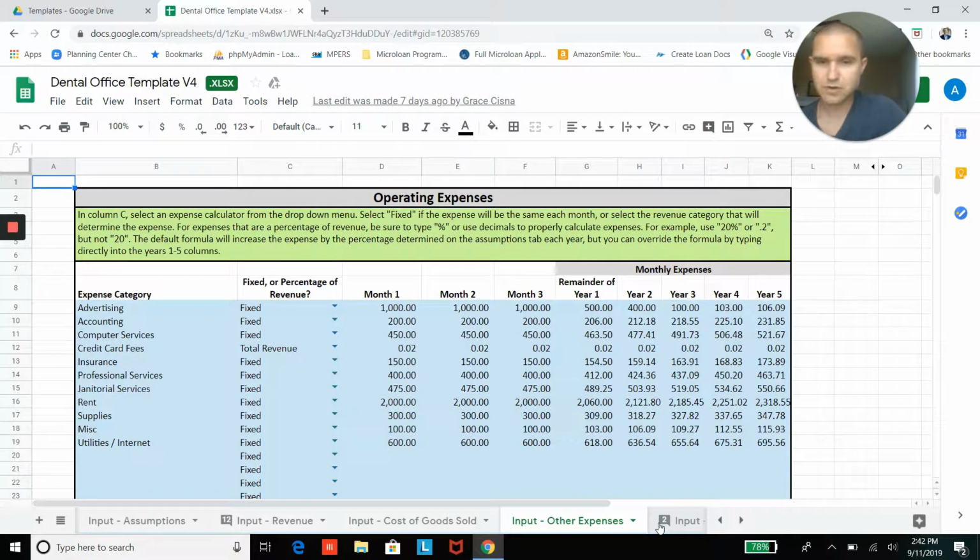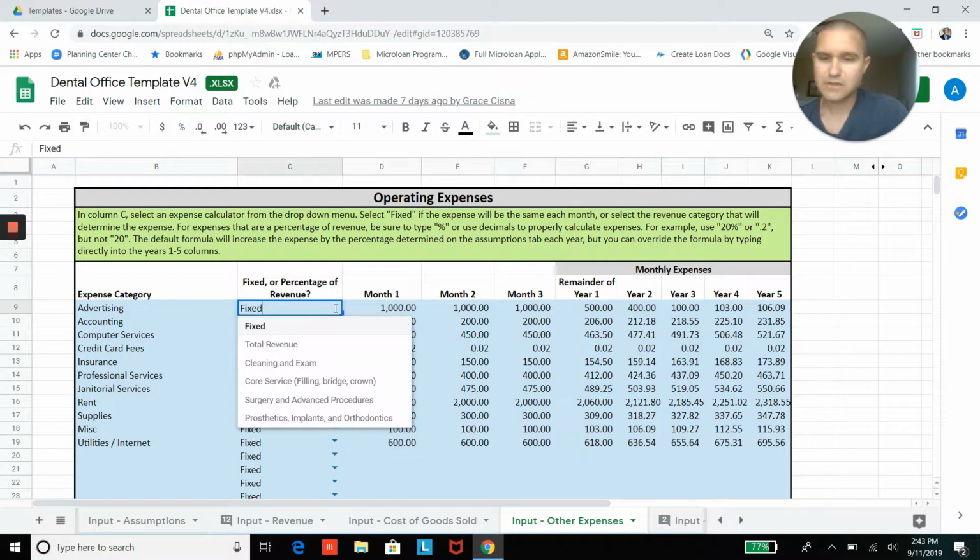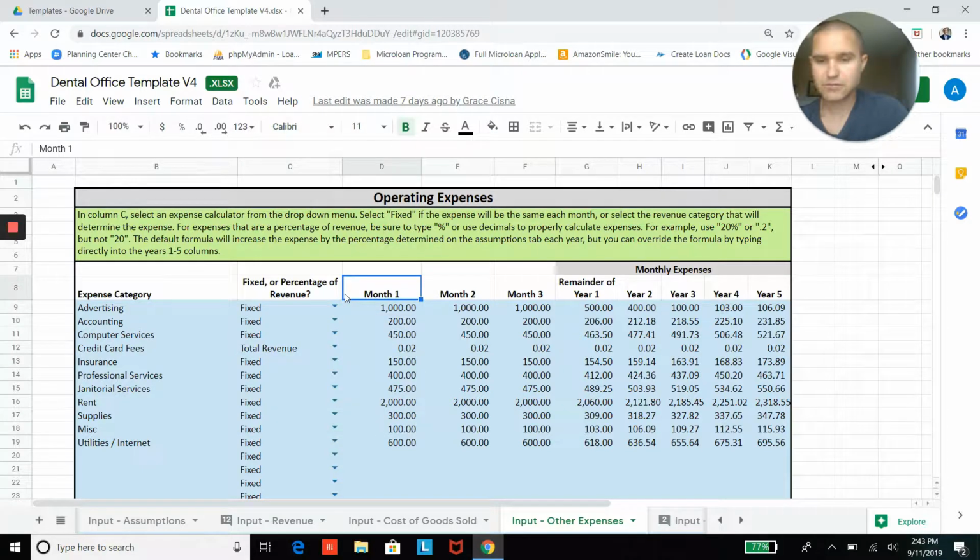Then if we move to our various operating expenses, this is a very flexible page. For all of these operating expenses, you can either select a fixed expense or a percentage of revenue. So a lot of your expenses, rent, for example, is probably going to be a fixed monthly rate.